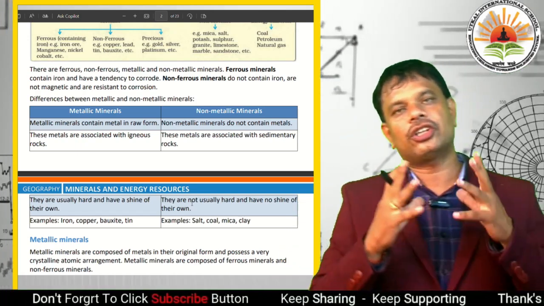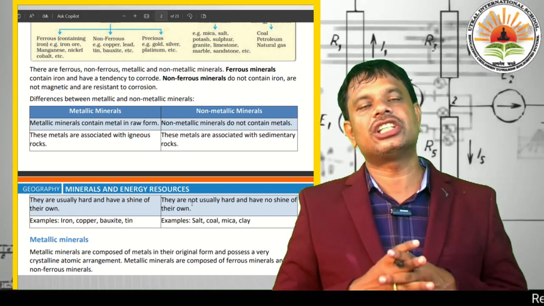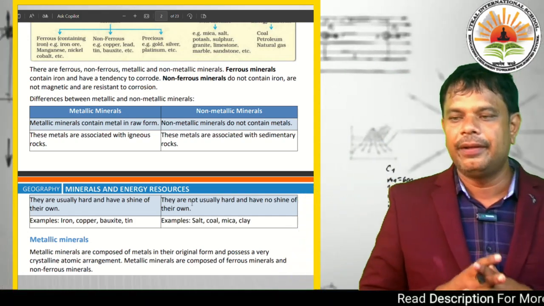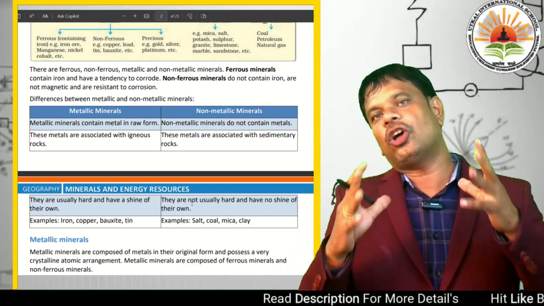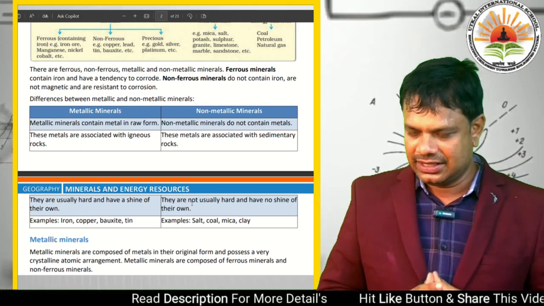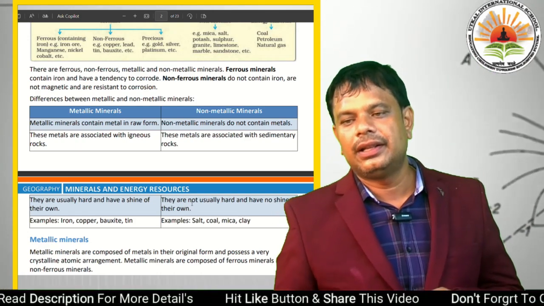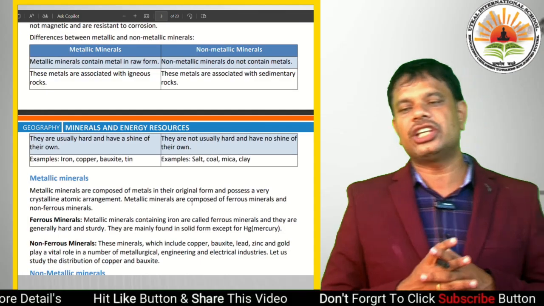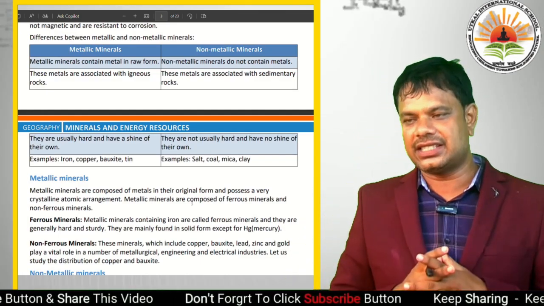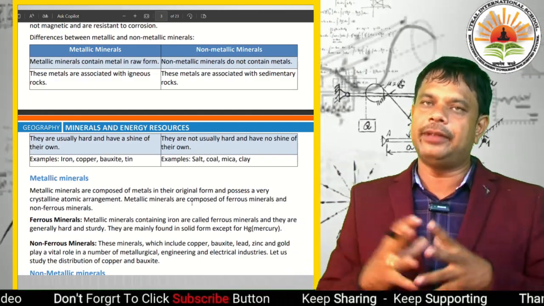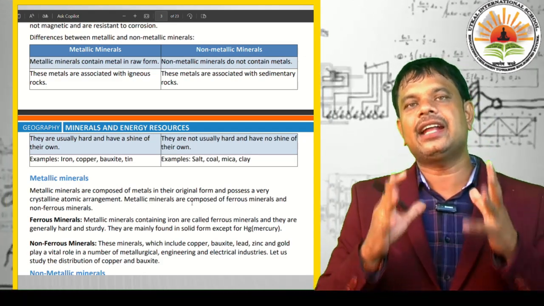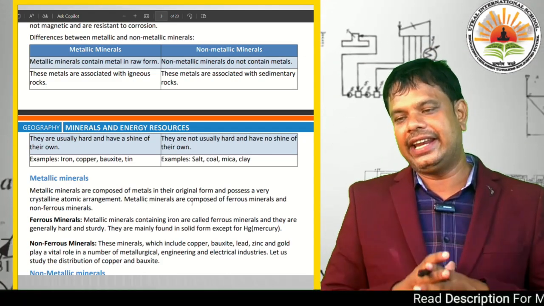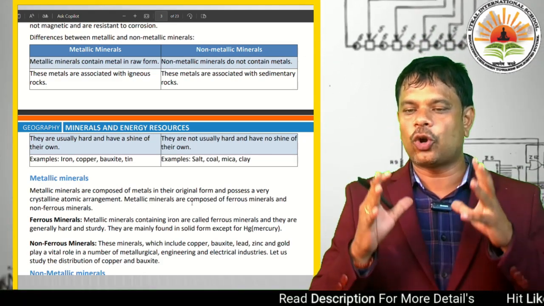Dear students, we will now discuss the differences between metallic and non-metallic minerals. Metallic minerals contain metal in raw form.